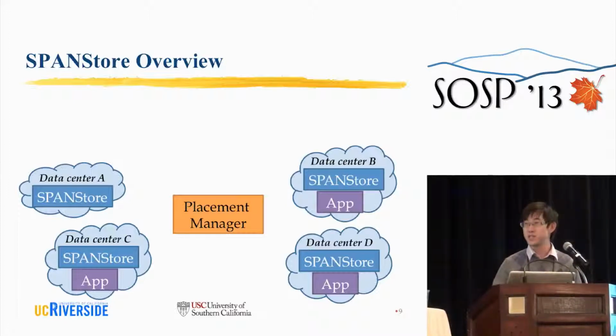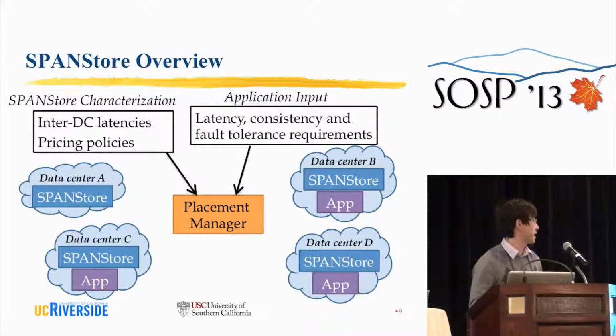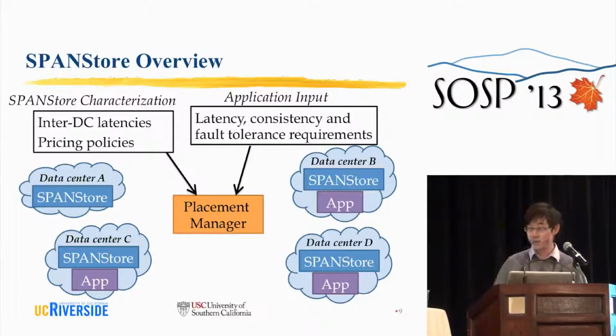At the beginning of each epoch, the placement manager needs to determine the optimal replication policy to use in that epoch. To find this policy, the placement manager takes two types of static input. The first is the SPANStore characterization, which includes the inter-data center latency and the pricing policies. The second is the application requirements.